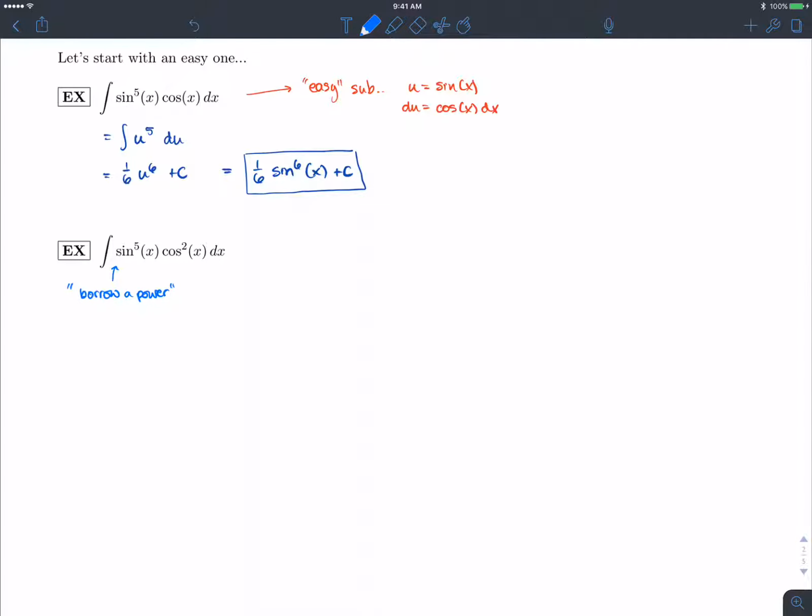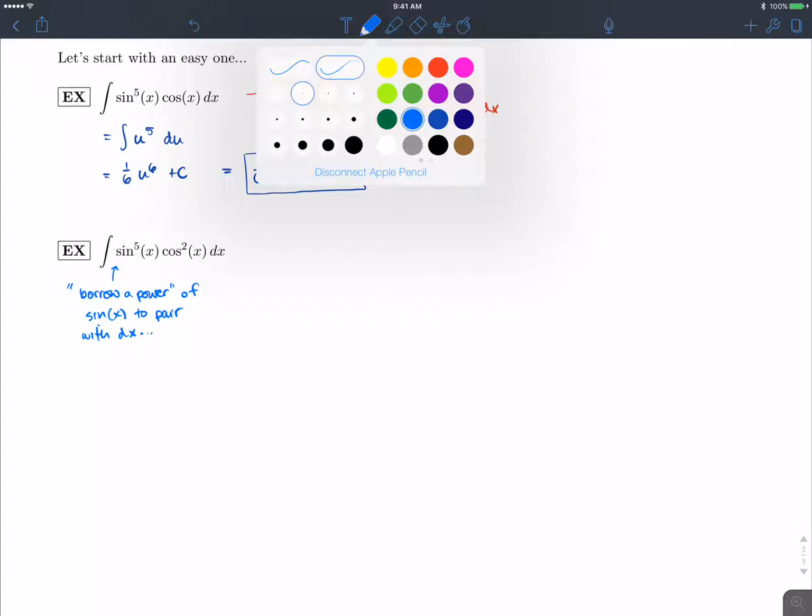And when I say borrow a power of sine, essentially we're just peeling off one of those factors of sine of x, and we're going to pair it with the dx.